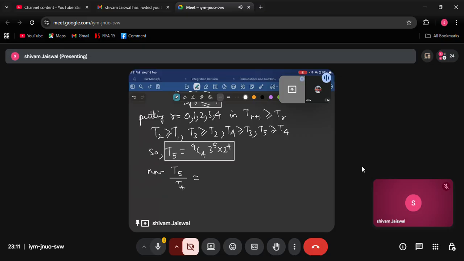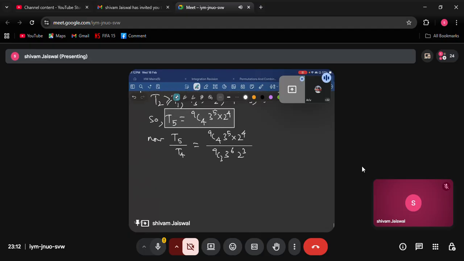So what is T5 by T4? 9C4 into 3 to the power 5 into 2 to the power 4 divided by 9C3 into 3 to the power 6 into 2 cubed. If they are equal, that means there are two numerically greatest terms. Are you getting why we are checking it in this case? Since you have got r as a perfect integer.